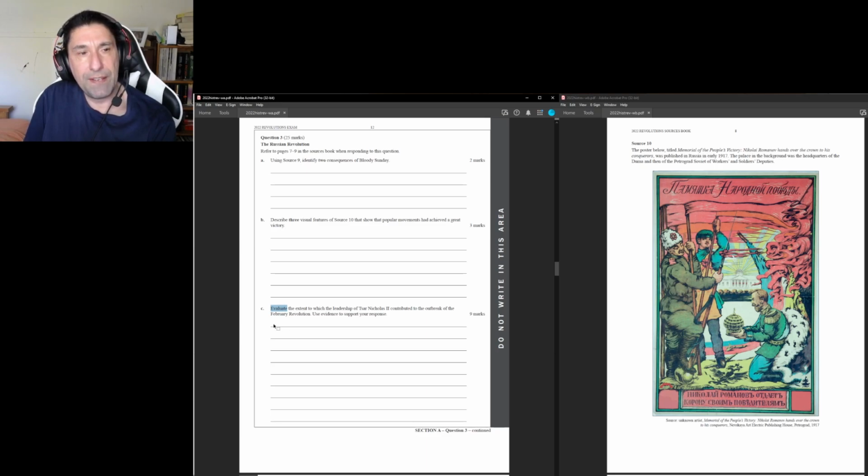So you could write, for example, that the leadership of Tsar Nicholas II was the most significant factor in the outbreak of the February Revolution, because it was he who appointed himself Commander-in-Chief of the military on the 22nd of August 1915, and left the Tsarina and Rasputin in control of the civilian government in St. Petersburg from this time onwards up to the February Revolution itself.